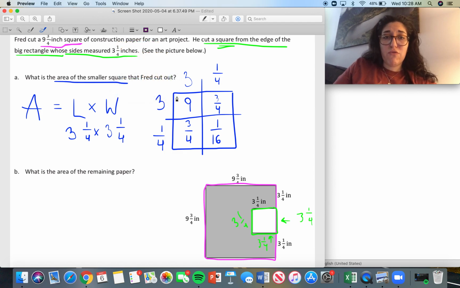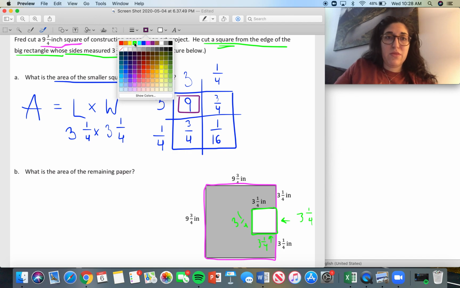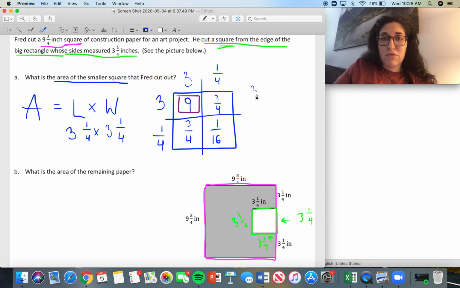So now we need to add all of these up together in order to get the full area, right? So like I've done before, I'm just going to hold my whole number off to the side for now. I don't want to use that yet. And I want to add my, let's go with blue, my 3/4 plus 3/4 plus 1/16, right?